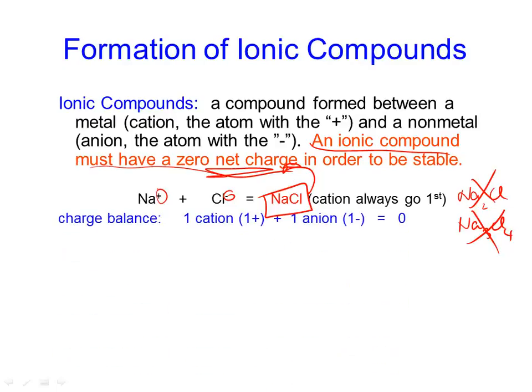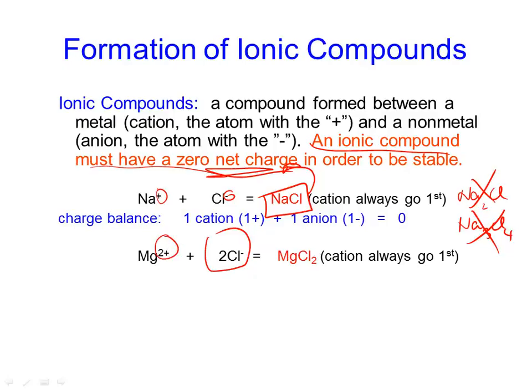Another way to balance it is 1 cation, 1 plus, 1 anion, 1 minus, so I get 0. If I have magnesium, 2 plus cation, and Cl minus anion, I need 2 Cl to balance out the 2 plus. Here, Mg 2 plus, one of it, and I need 2 of this guy. 2 plus, 1 minus, 2 minus, so I got a zero net charge.